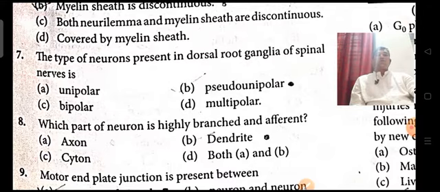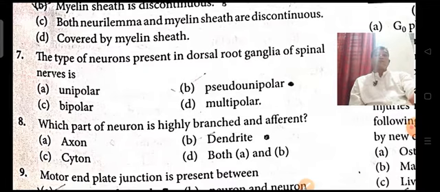Pseudo-unipolar neurons are present in the dorsal root ganglia, bipolar in the retina, and multipolar in most of the body.